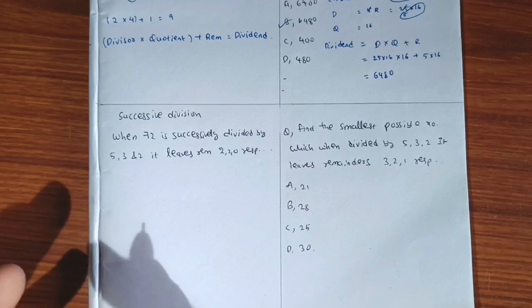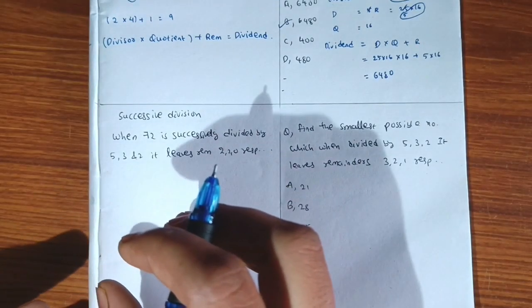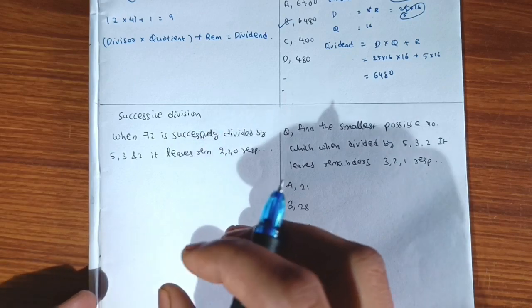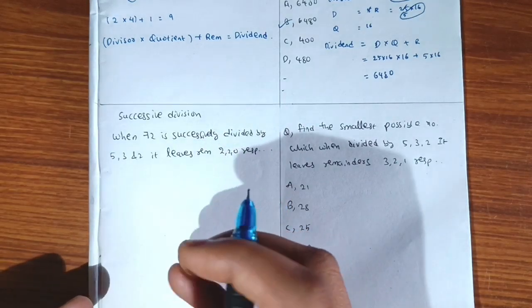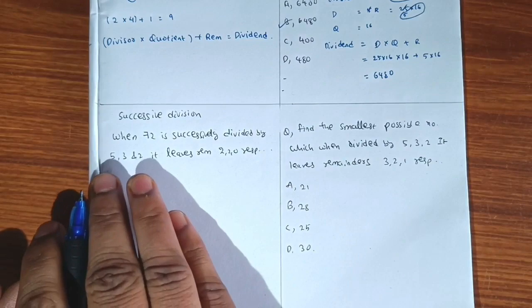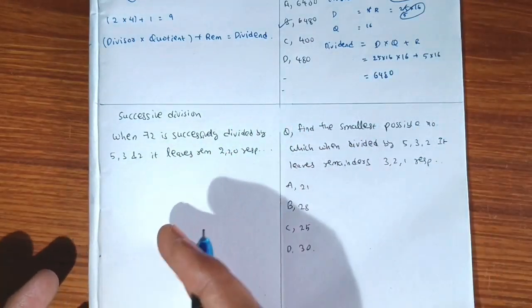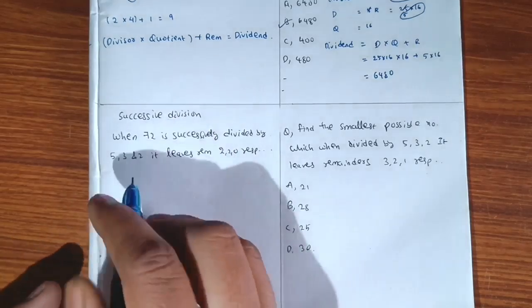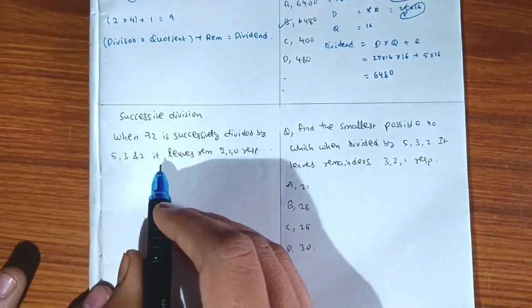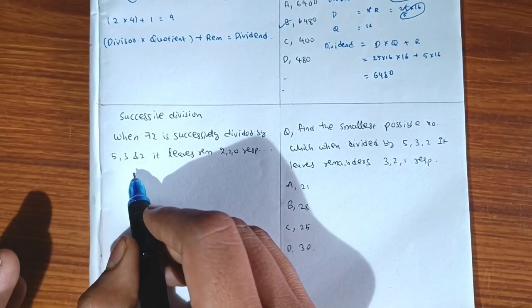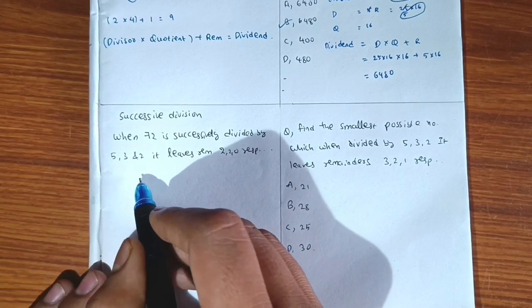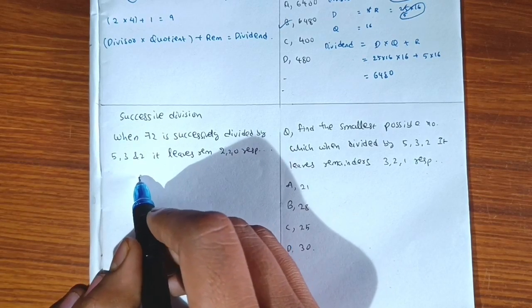Successive division means, if a number is divided by one number, we get one quotient. That quotient is again divided by another number, so we are doing multiple, continuous divisions. That is what is meant by successive division. If the question asks about successive division, you need to use a trick.